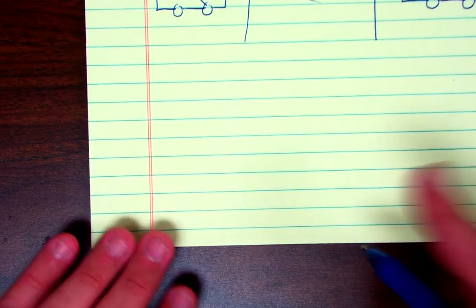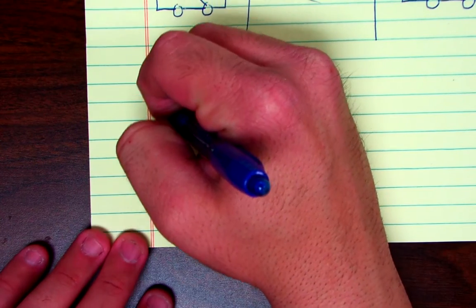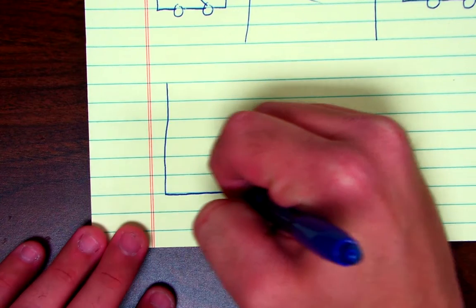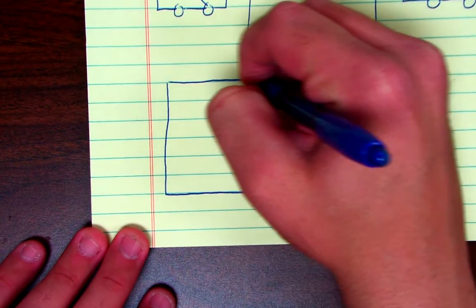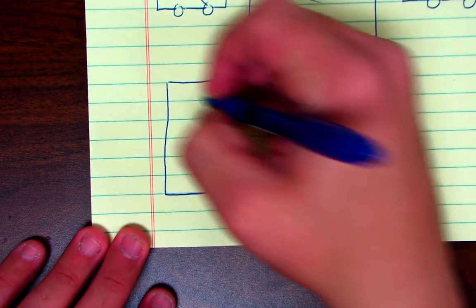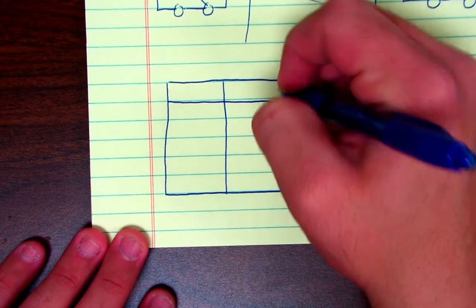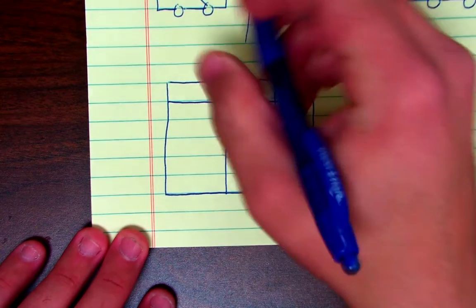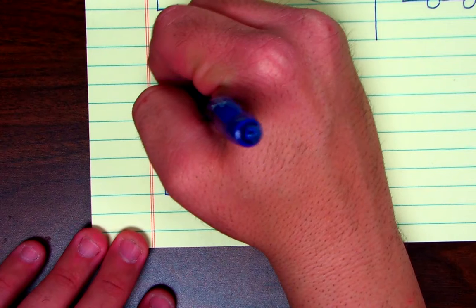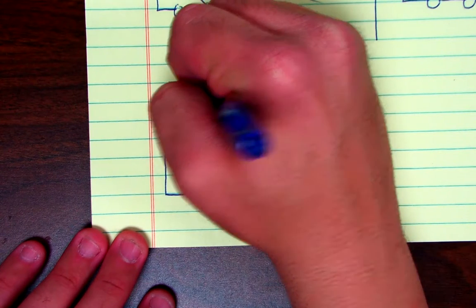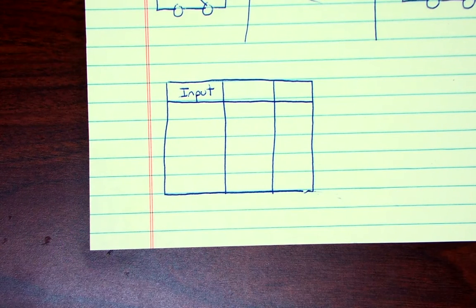So let's say we have this. Now make sure you're copying this down with me, please. So this is going to be input. Do y'all know what variable goes with your input?